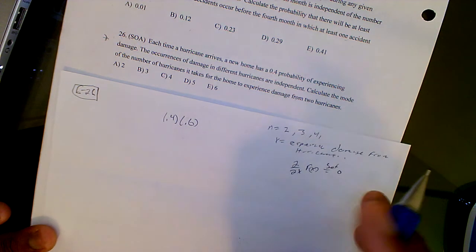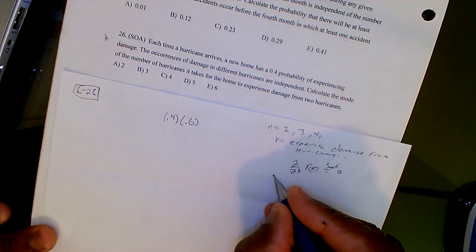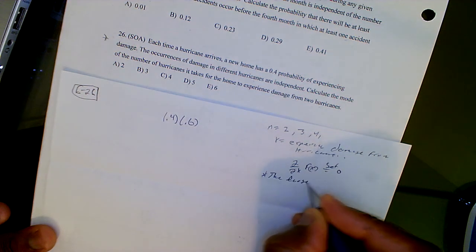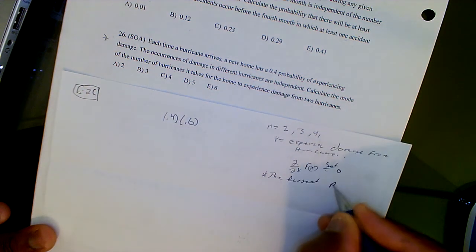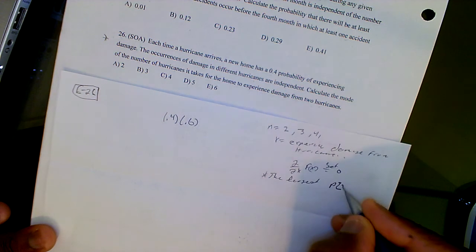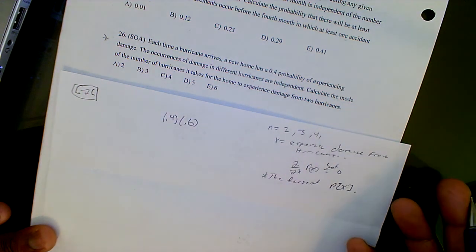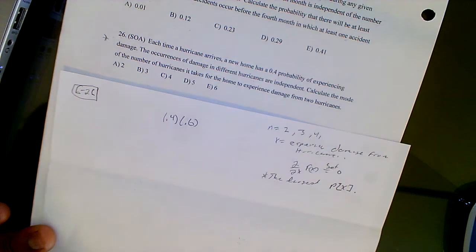This is discrete, so it doesn't have that. So what we're looking for is the largest probability. Find the largest probability, and that's going to be the mode.